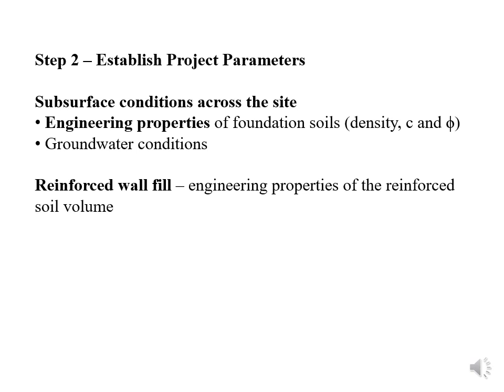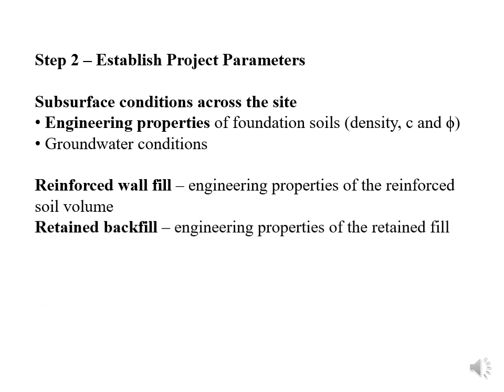That means, already we have discussed the geotechnical properties of cohesionless soil, geotechnical properties of the c-phi soil. So that property you have to know. Retained backfill, which materials you are going to use, right?